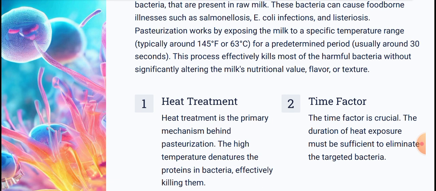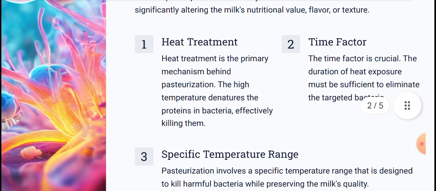Remember, the milk is exposed to a temperature like 63 degree centigrade, but the period of exposure lasts just 30 seconds. This action effectively kills most of the harmful bacteria without altering the nutritional value of milk, right?